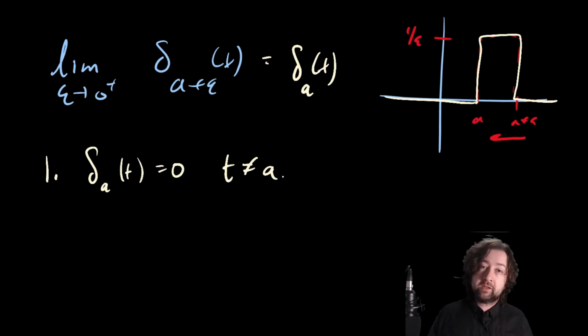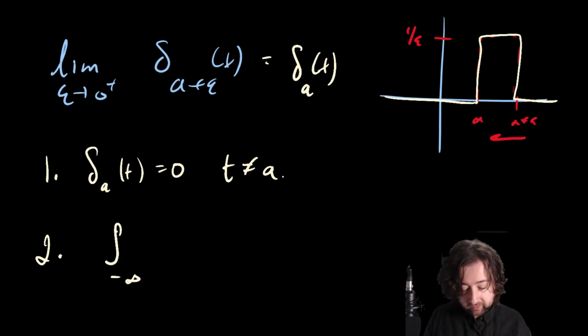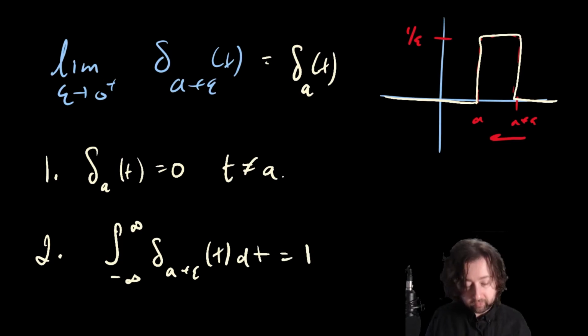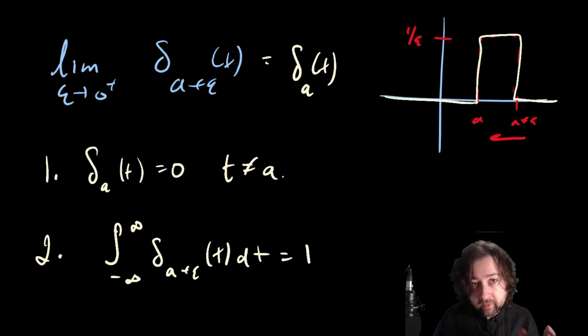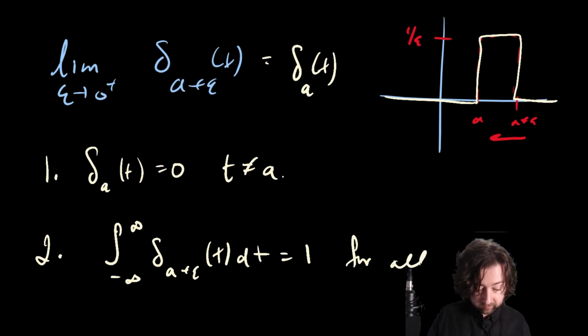The second property comes from integrating delta. The integral from minus infinity to infinity of delta a plus epsilon of t dt is equal to 1 for any value of epsilon. That's always true. That's like a sequence of ones. No matter how small you make epsilon, the integral is still 1.